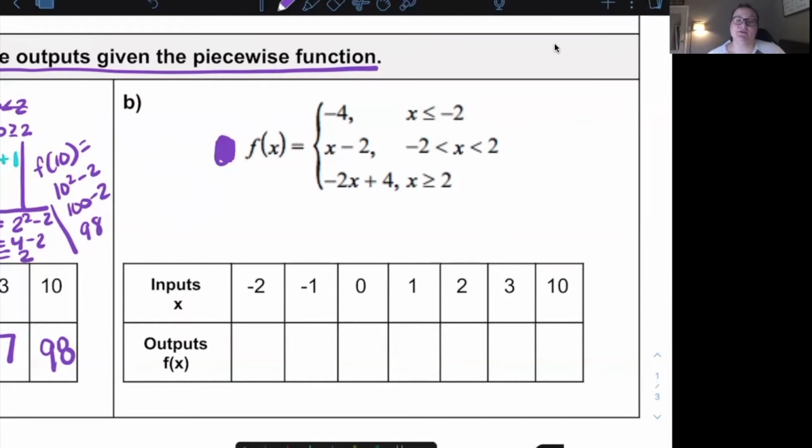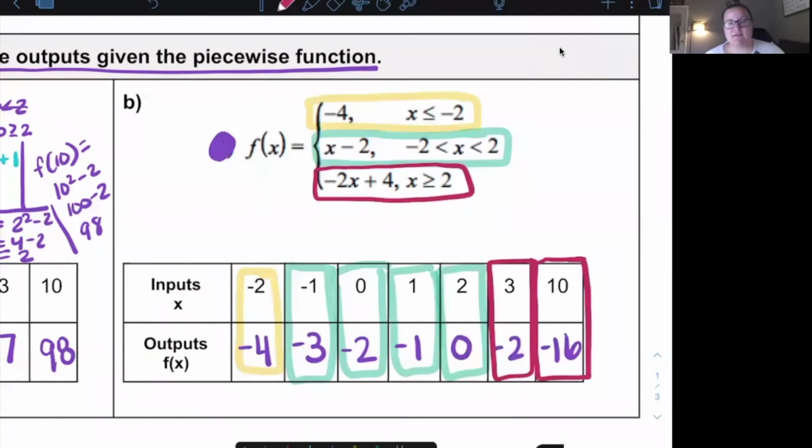And -2x plus 4 for x greater than or equal to 2. So for each of these inputs, figure out which part of the piecewise function you need to use, and then find your outputs. Go ahead and give this a shot on your own, press pause, and then press play when you are ready to check your answers.